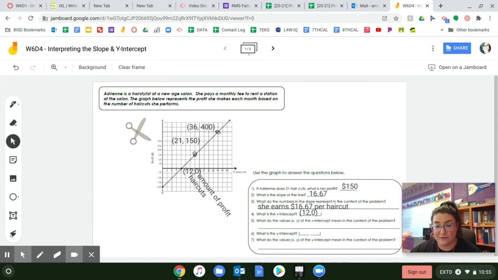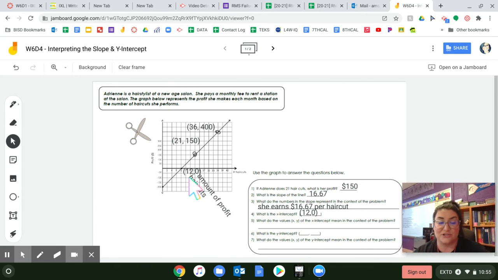They have to buy those scissors. They have to buy clippers. They have to buy the chair that you sit in. They also have to pay for electricity, for the lights. You can't walk into a salon that's dark or has no running water and get your hair cut. They have to have all these certain things before they can even open the door for their first haircut.